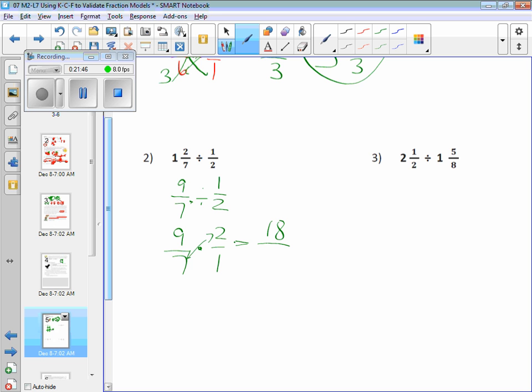Beth. I get 18 sevens. Can I leave it like that? It's top heavy. I got to change it back into a mixed number, which is what? Alexandra, what'd you get? Does everybody see why we get 2 and 4 sevens? What other way? Yeah. Are we good?